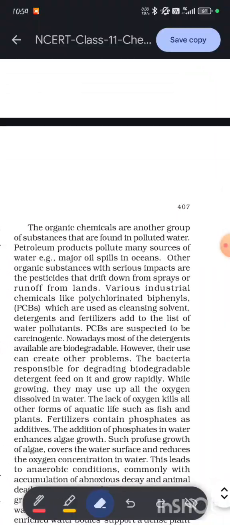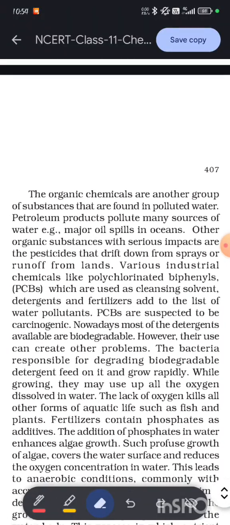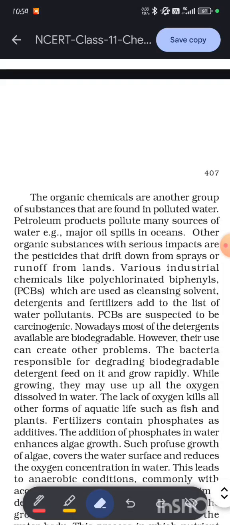The organic chemicals are another group of substances that are found in polluted water. Petroleum products pollute many sources of water, for example, major oil spills in oceans. Other organic substances with serious impacts are the pesticides that drift down from sprays or runoff from rains.